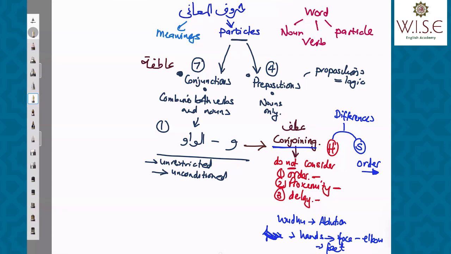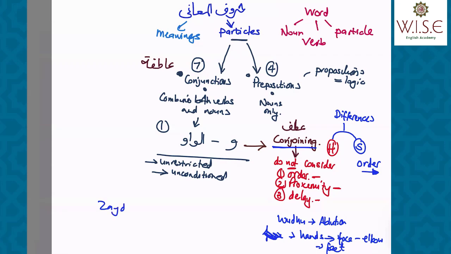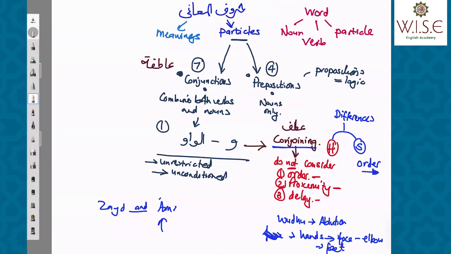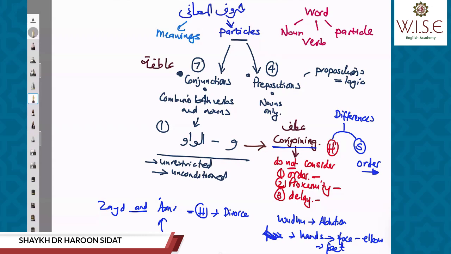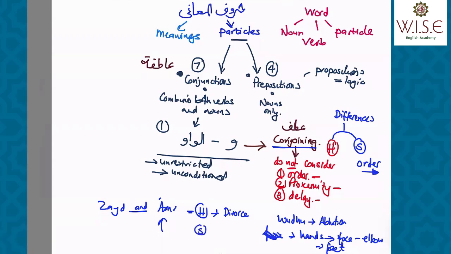So somebody said to his wife, if you speak to Zaid and Amr, you are divorced. And then the wife goes and speaks to Amr first and then Zaid. So she does it the other way around. According to us, divorce, because we don't take the consideration of order. According to the Shafi'is, of course, obviously the order is important.